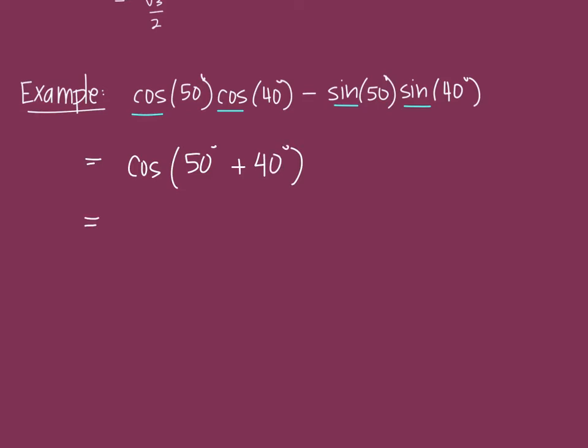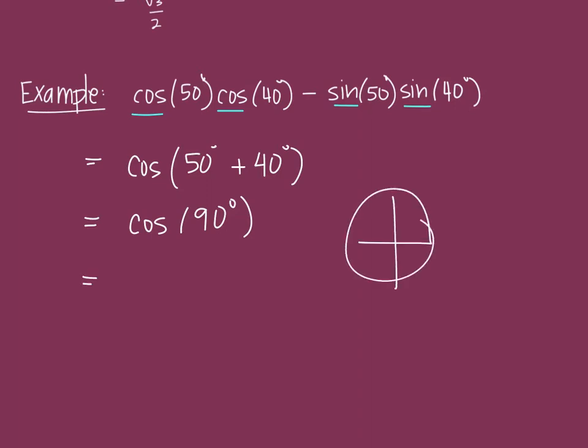Now 50 degrees plus 40 degrees adds up to 90 degrees. And so we want the cosine of 90 degrees. The cosine of 90 degrees is straight up on our unit circle. Since that's the position 0, 1, the cosine of this is 0, which is the x coordinate.